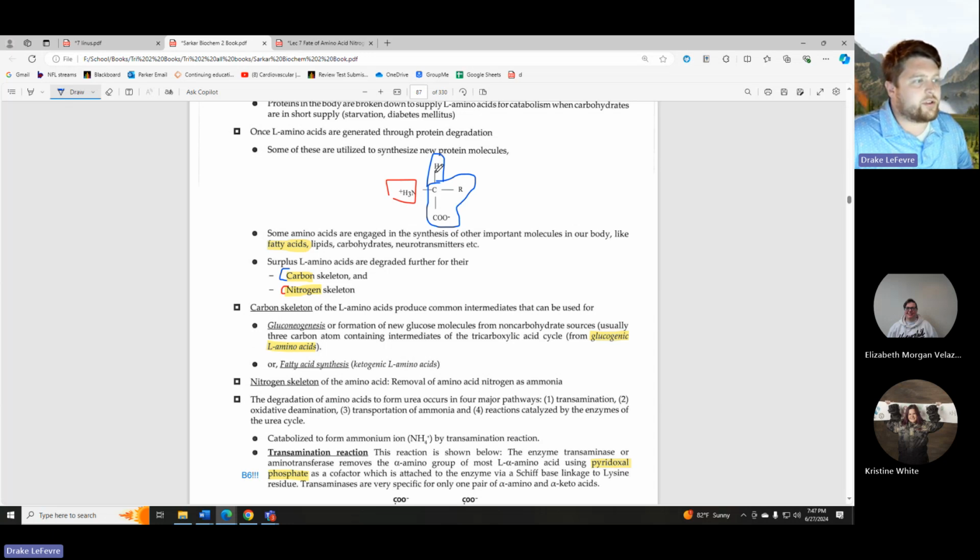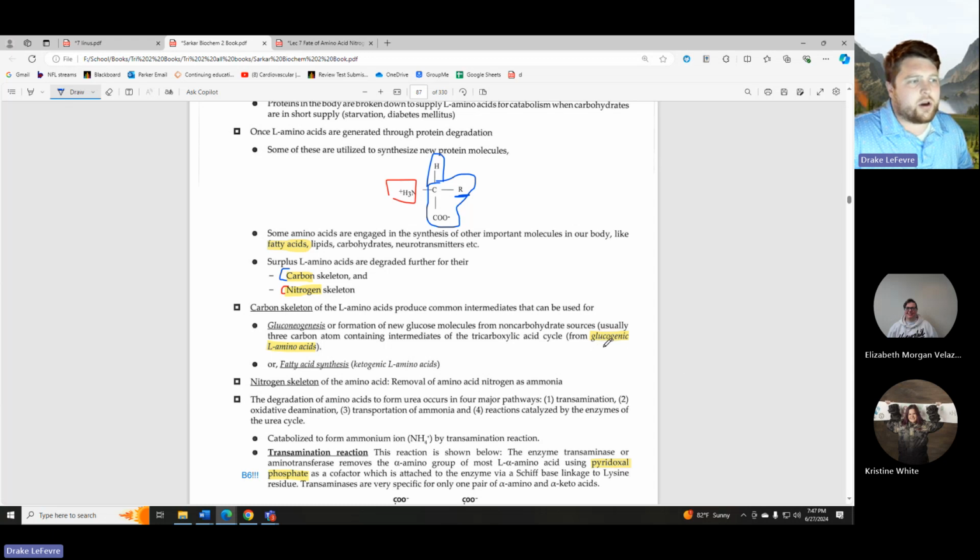Because we have two carbons like our acetyl CoA, a lot of our intermediates within the Krebs cycle have that two carbon base, and also the R group will typically have additional carbons. So this whole chunk will kind of go off.